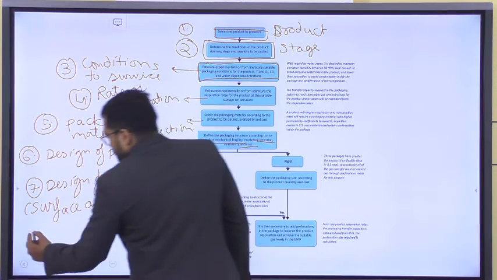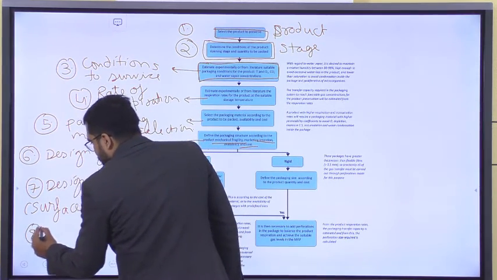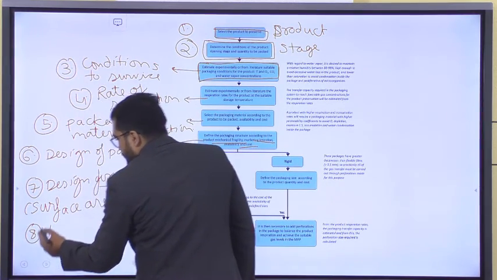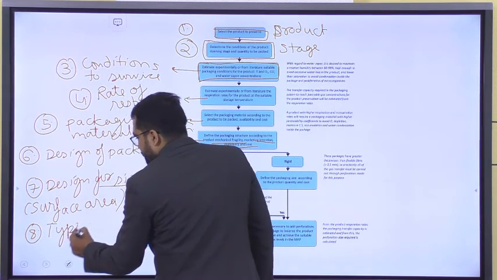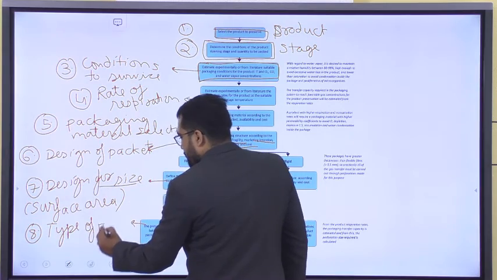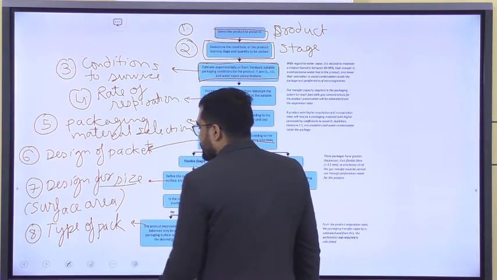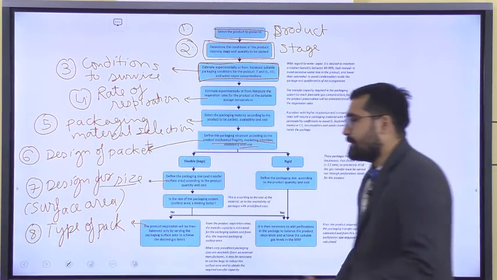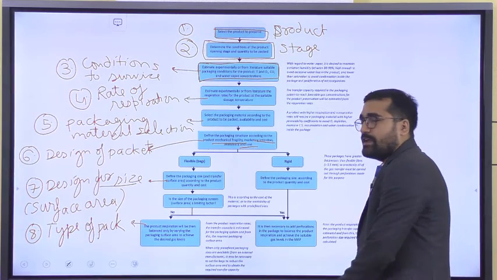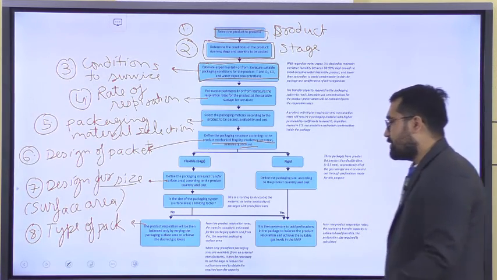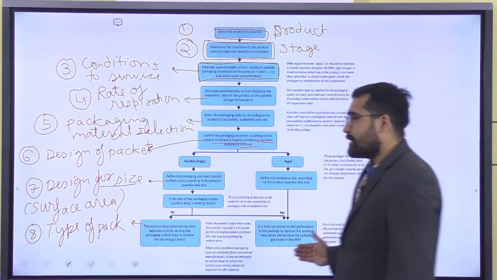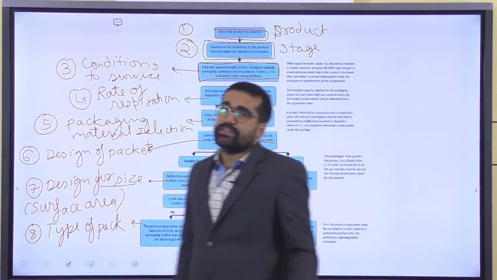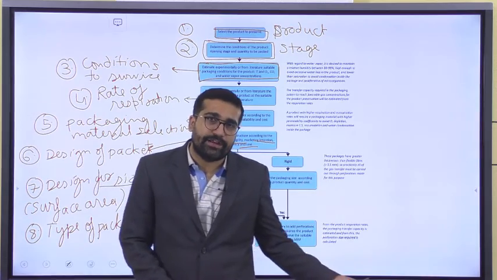Depending upon the behavior, we have to decide which type of pack to use. Depending upon the respiration condition, we have to decide whether to provide perforation or not. If we have to provide perforation, then we go for this method. We have to calculate the surface area again to find out how much perforation we need.